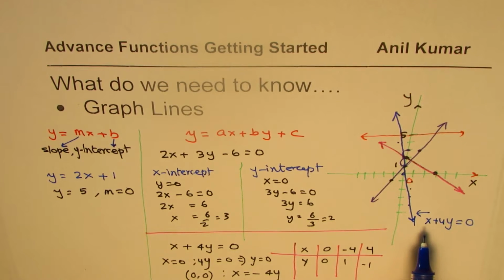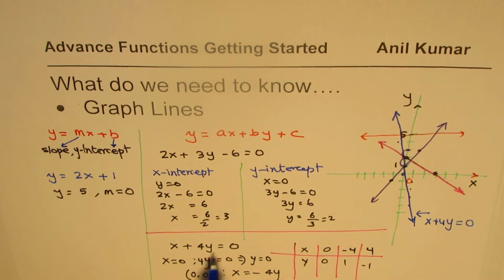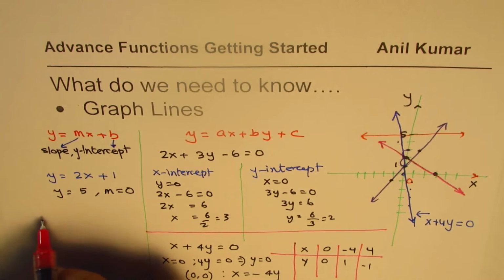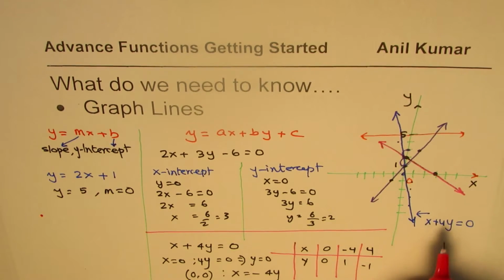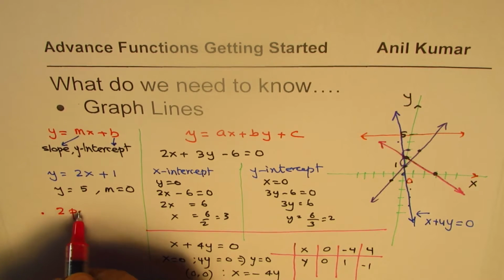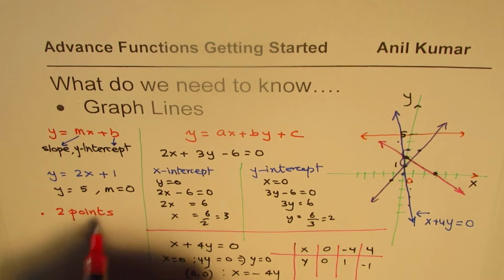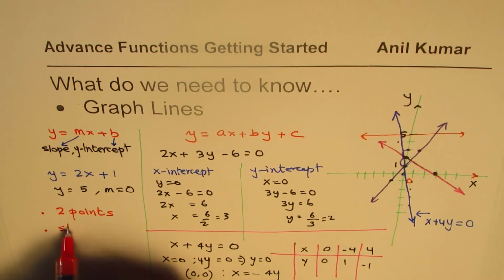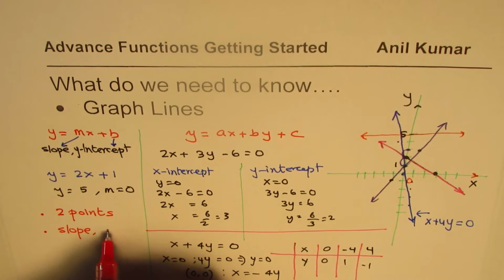You get the concept. So here, since both x and y intercepts are the same, you need another point to draw a line. In short, you should remember that to sketch a line, what do we need? We need 2 points to sketch a line, right? Or we need slope plus a point.